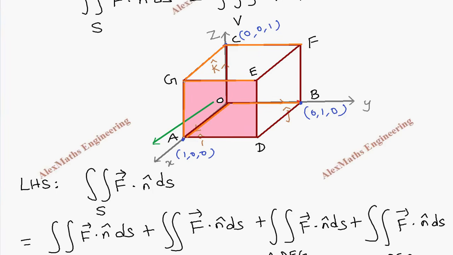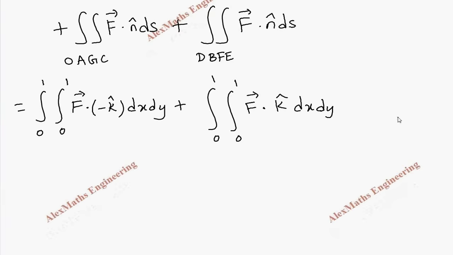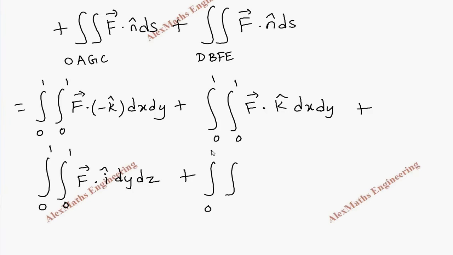So let's write it here, plus double integral over 0 to 1, 0 to 1, f vector dot i cap, and this is dy dz, and the next one in the same way, 0 to 1, 0 to 1, f vector dot, it will be minus i cap, and dz dy.